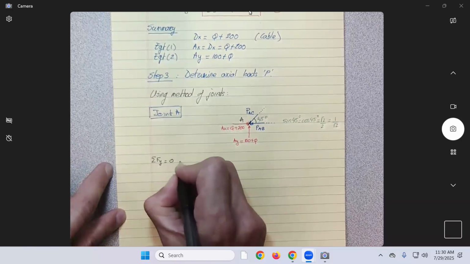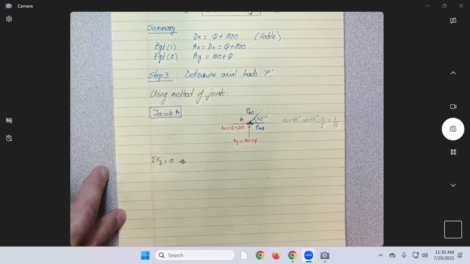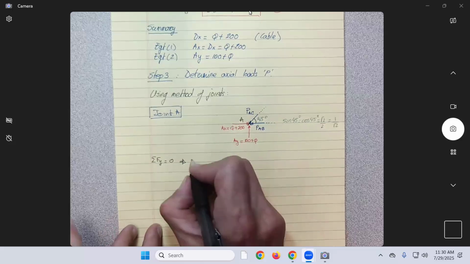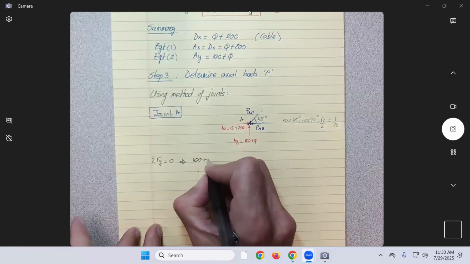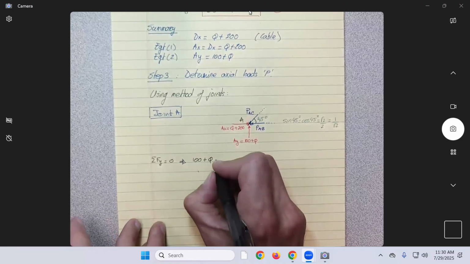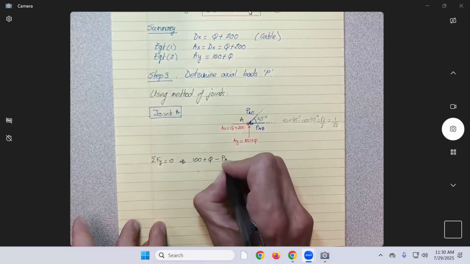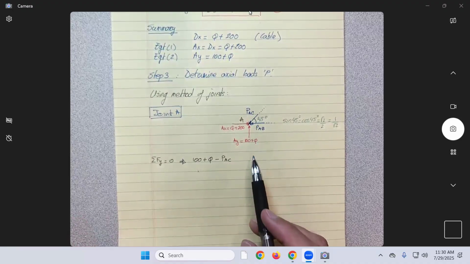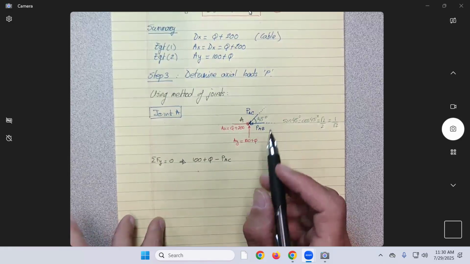Again, this is statics. What do you have over here if you do summation of forces on the y? You're going to have 100 plus Q, which is the AY, minus what? Minus the PAC. Would that be cosine or sine 45 on this one?